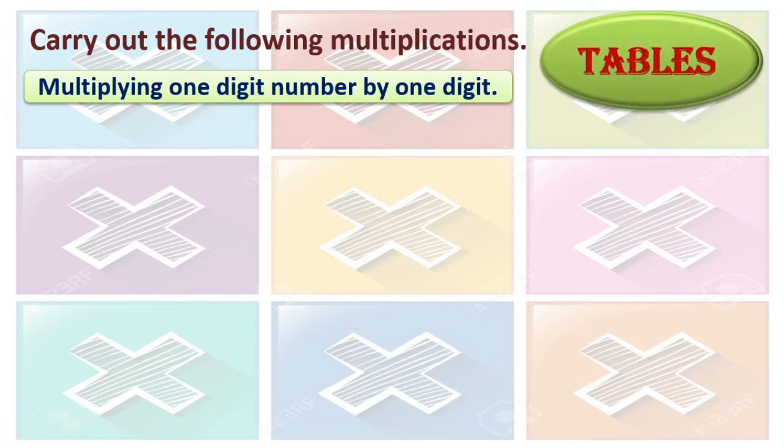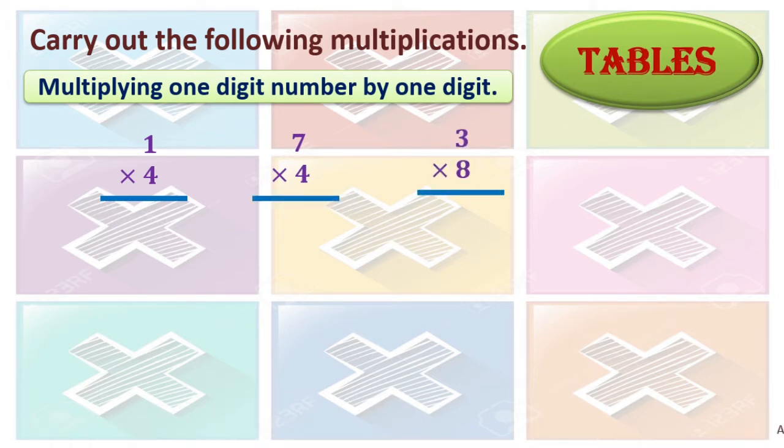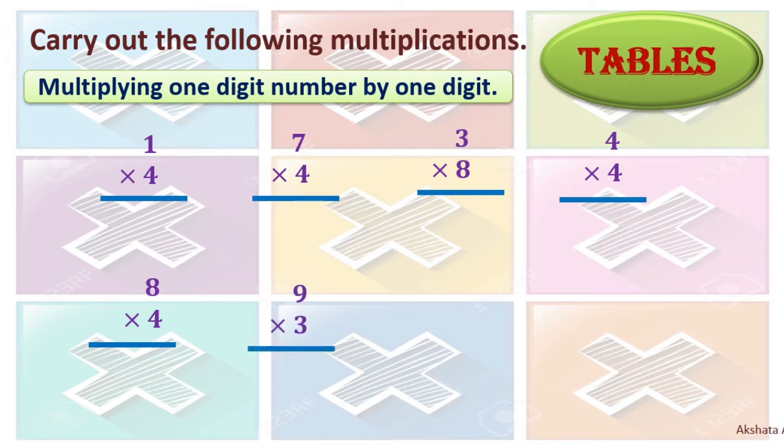You know tables, isn't it? 2 ones are, and 3 table, 4 table, right? You know the tables that we will use here, and we will find out the answers for these multiplications. I need answers from you because they are very easy and you know the answers.